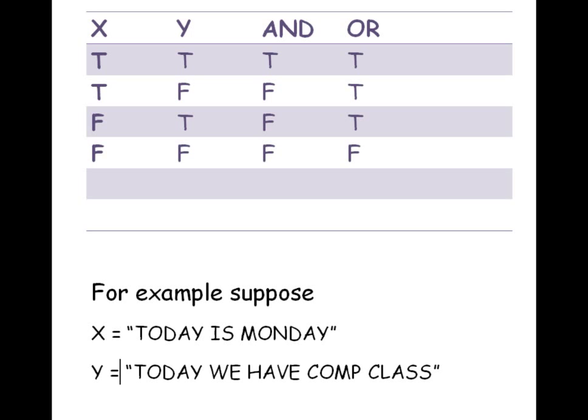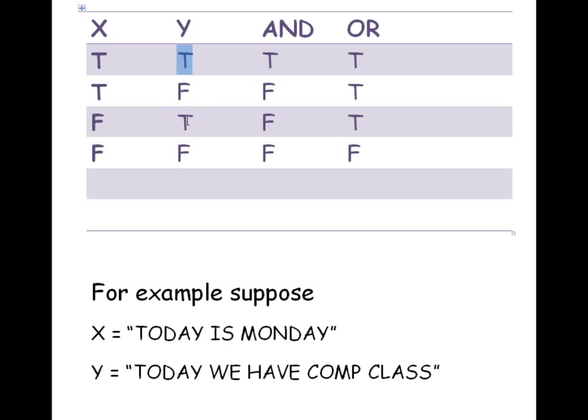So anyway, suppose that X stands for today is Monday, and Y stands for today we have computer class. So suppose that it is true, X is true. Now suppose it actually is true that today is Monday, and suppose it is true that we actually have computer class.